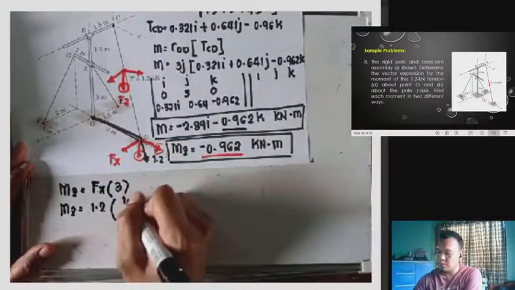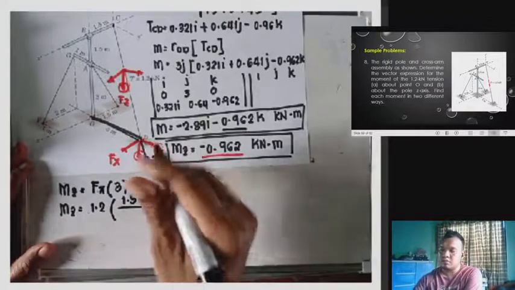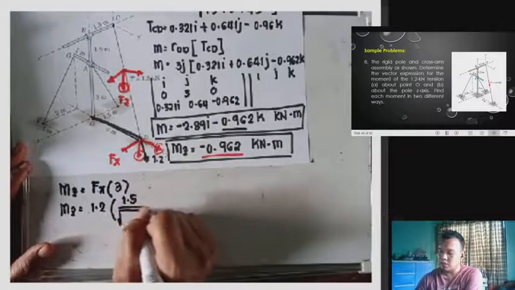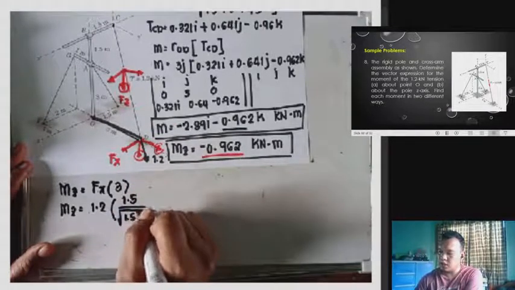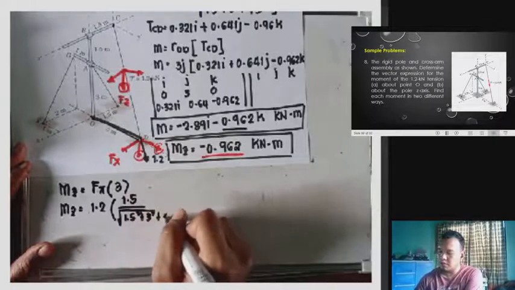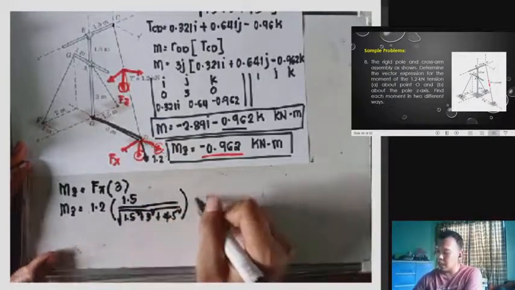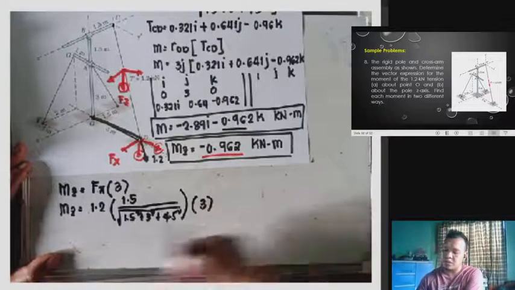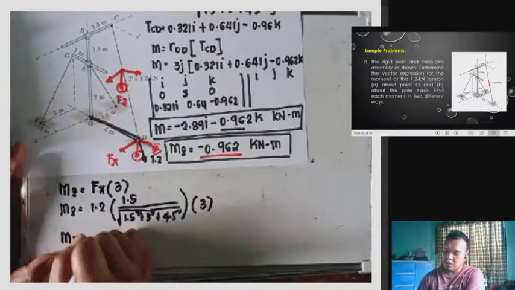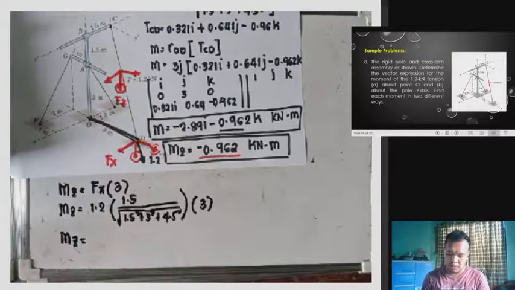So, lalabas tayo 1.5 all over yung total distance which is square root ni 1.5 squared plus 3 squared plus 4.5 squared. Therefore, we have here times multiplied by perpendicular distance which is 3. Moment z is equivalent kay, multiply natin, 1.2 times 1.5 times 3 all over square root ni 1.5 squared plus 3 squared plus 4.5 squared.